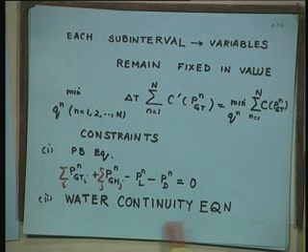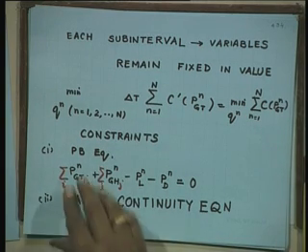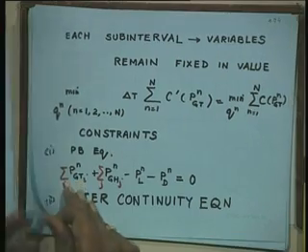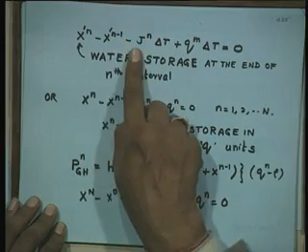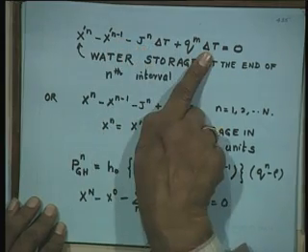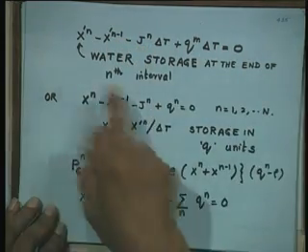Water continuity equation I have just explained you using that plant equation model. So, water storage at the end of nth subinterval minus at the end of n minus 1 interval is equal to J minus Q. If you transfer it to left hand side, then you will get this.